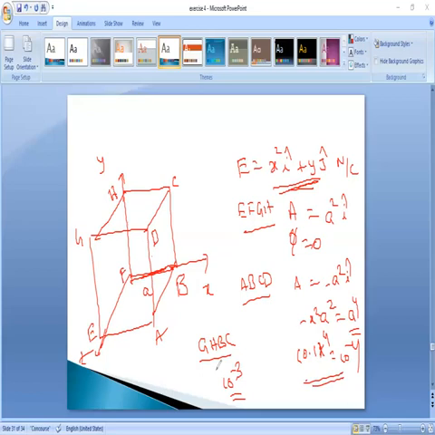In these two cases only there is some flux. Hence, the resultant net flux will be the sum of these two values only.